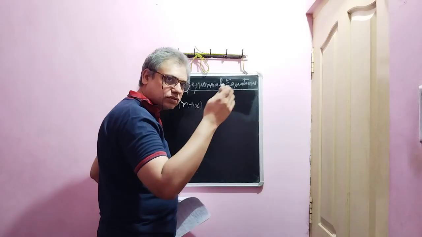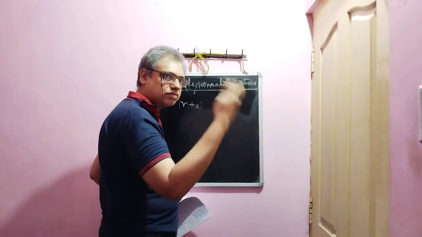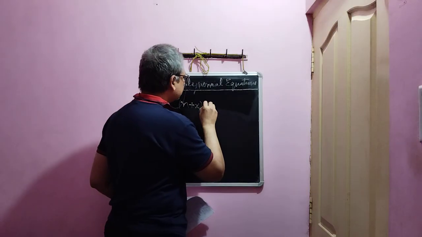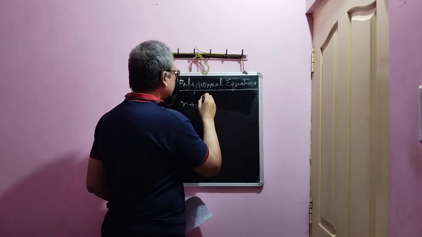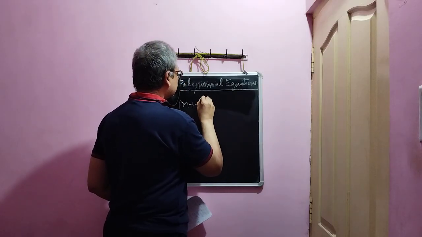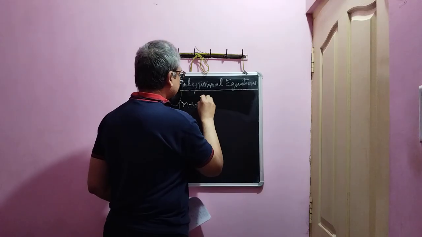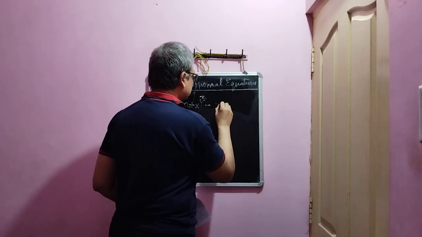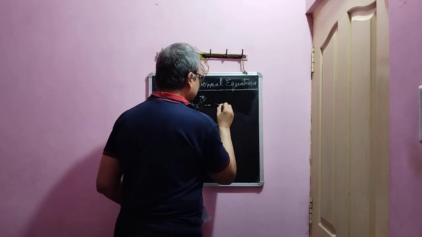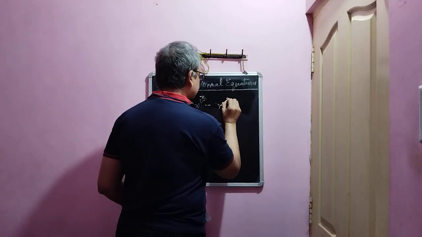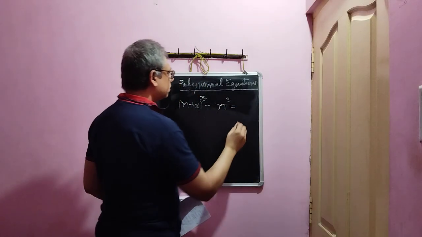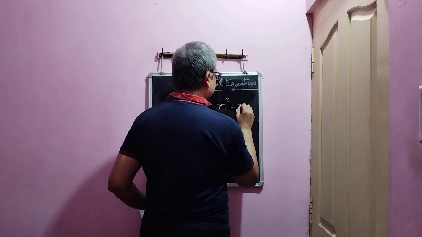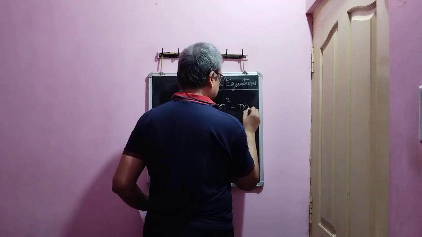If we know the solution to the fourth one, we can solve for the fifth degree and so on. So n plus x the whole cube minus n the whole cube is equal to m.